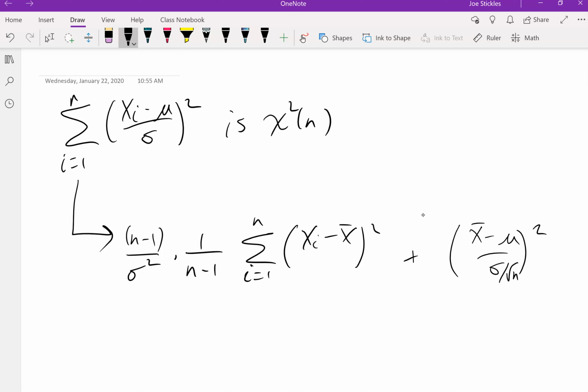So there's another reason why I wanted to go through this, but in particular, since this is normal, we standardized it and squared it. So this was chi-squared of 1, right? So this piece is the chi-squared of 1 piece. But again, that goes along with the same idea of why that one was chi-squared of n, correct?